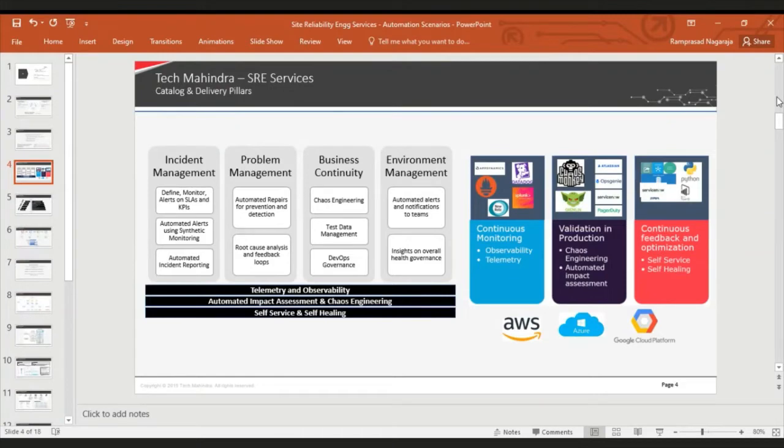Certain customers where, for instance, in a customer based off the Asia Pacific, one of the banks, where we are doing a monolith to microservices migration. At the same time, once the microservices go into production in a gradual manner, we have to build the SRE support from an L2, L3 support standpoint.